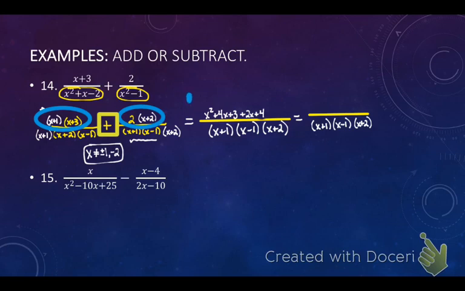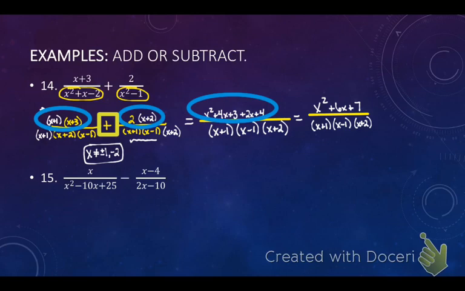Then combine the top side. So x squared plus 6x plus 7. From here, check to see if I can factor out the top.